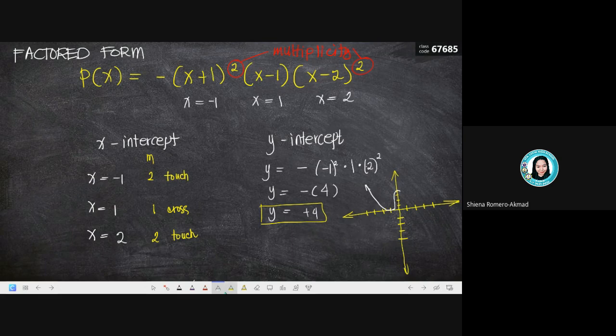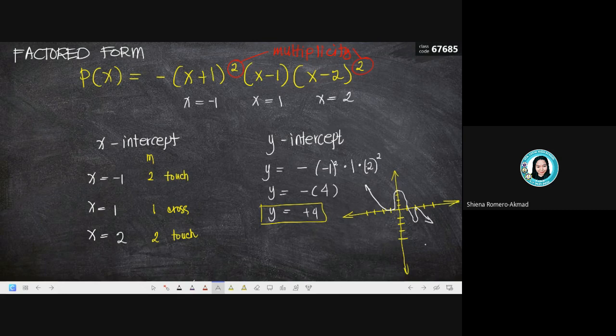Baka may something sa given. Then, bababa siya, magkocross siya sa 1. Then, we'll touch 2. One, 2, 3, 4.